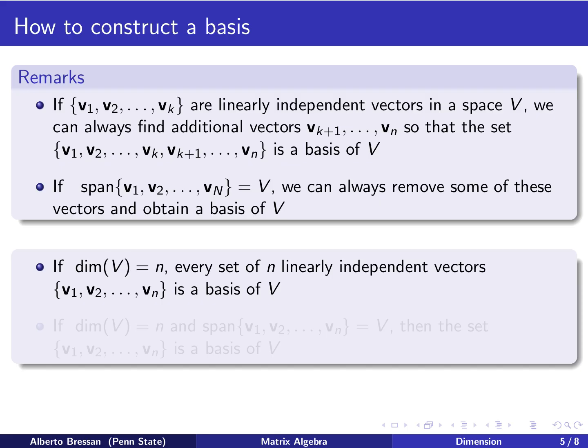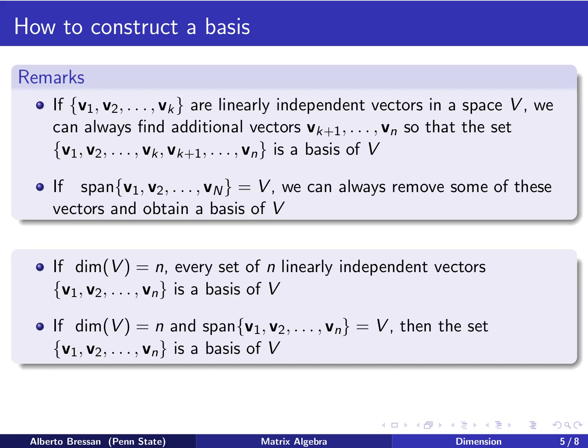Let's say if the dimension of a vector space is n, then every set of n linearly independent vectors, let's call them V1, V2 to Vn, is a basis of V. So if you have a space V and you already know the dimension is n, and for some reason, by some computational algorithm, you manage to construct n linearly independent vectors in V, then they can serve as a basis.